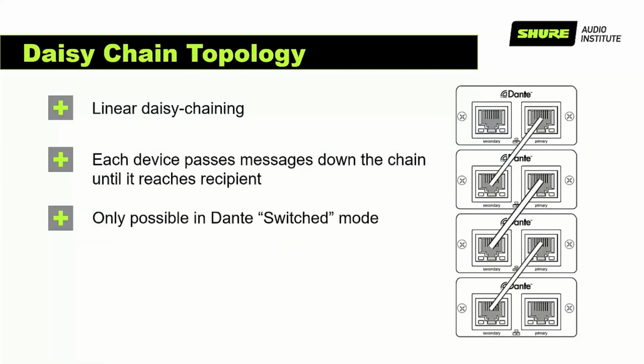So when we talk about physical connectivity, one of the things you can do is simply daisy chaining. It could be your Dante card, it could be your Shure receiver, but if you configure that device in switched mode, basically meaning that you disable the secondary port and just have a 2-port Ethernet switch, in that case you can daisy chain all of your devices one after the other in a single row.